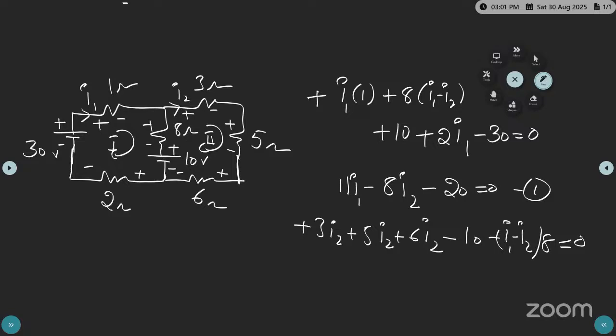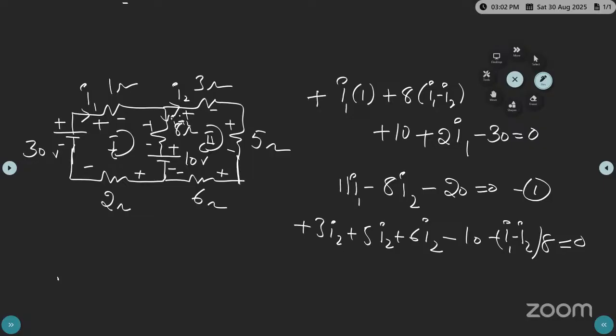Yes. 3 into I2 plus 5 into I2 plus 6 into I2 minus 10 minus I1 minus I2. How much current here? I1 minus I2, into 8.